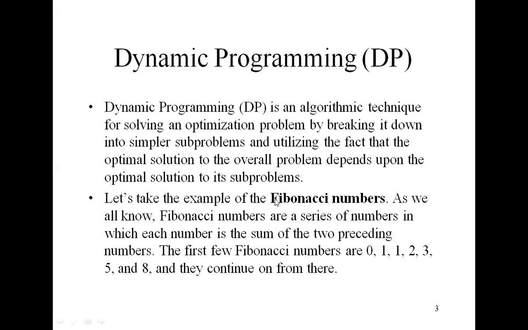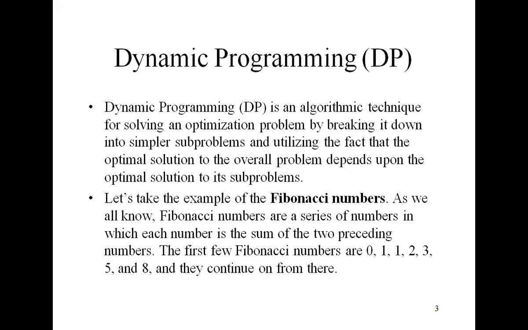Now take the example of the Fibonacci numbers. Fibonacci numbers are a series of numbers in which each number is the sum of the two preceding numbers. We are taking the sum of the preceding numbers. The first few Fibonacci numbers are 0, 1, 1, 2, 3, 5, 8.